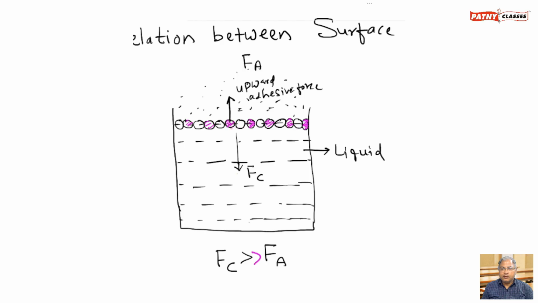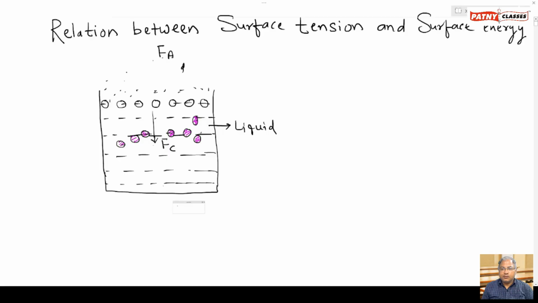They are not very stable, and they will be easily attracted in the downward direction. Therefore, these molecules easily go into the liquid due to the cohesive forces. The remaining molecules on the surface could not come inside, and they remain at the surface.